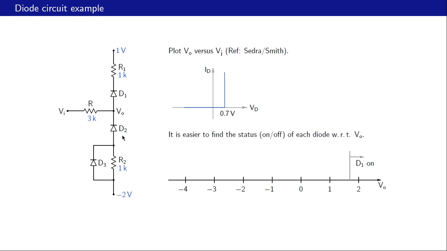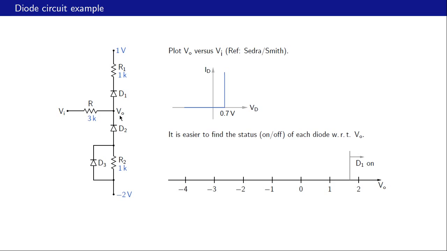Let us now look at D2. When D2 just begins to conduct, this current is still small, and we don't have any voltage drop here, and then the total voltage drop between this node and that node is 0 plus 0.7, that is 0.7 volts.